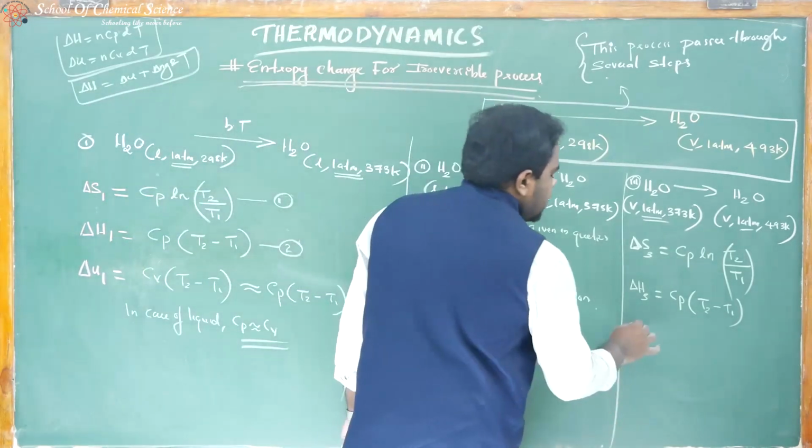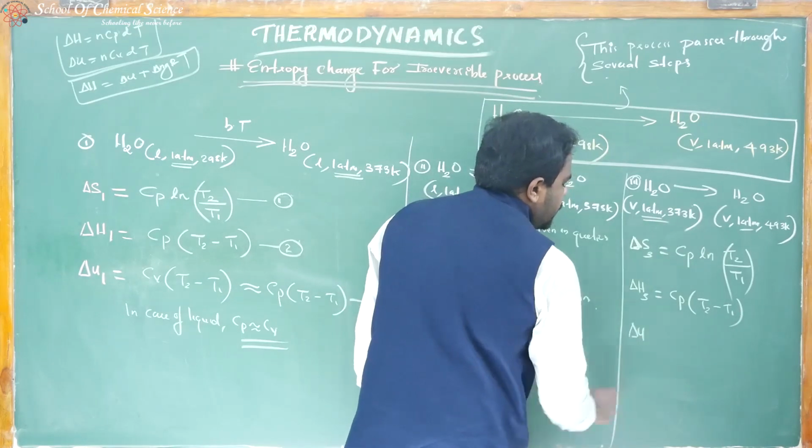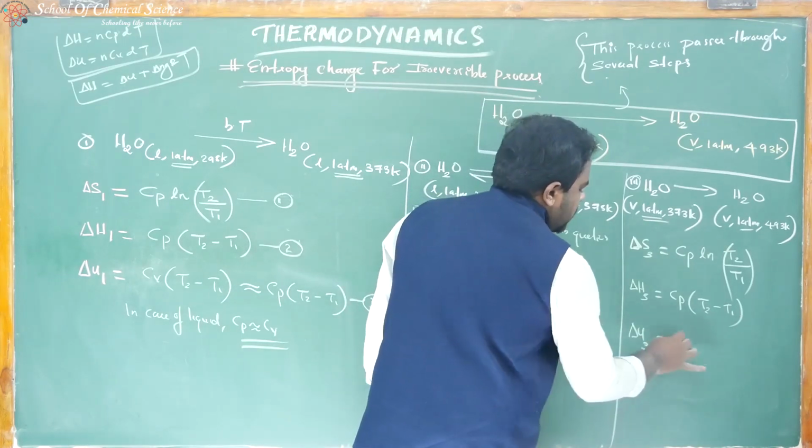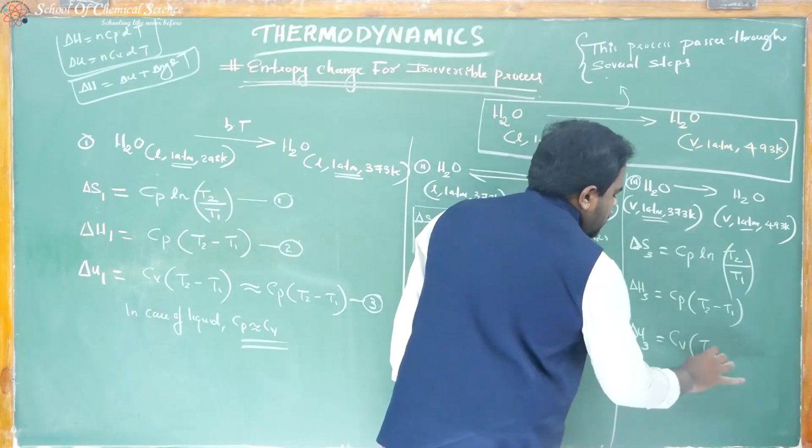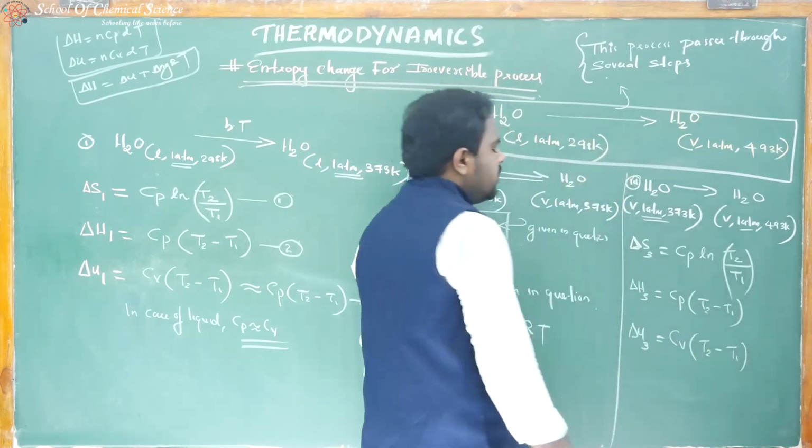Then delta U3 is equal to Cv into T2 minus T1.